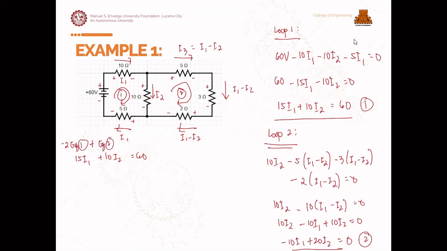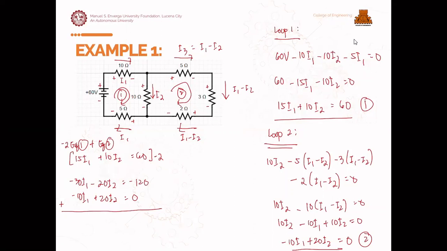Okay? So, multiply natin ito ng negative 2. This will be negative 30 I1 minus 20 I2 is equals to negative 120. Then, ito yung negative 10 I1 plus 20 I2 is equals to 0. Kunin daw natin yung addition niya.